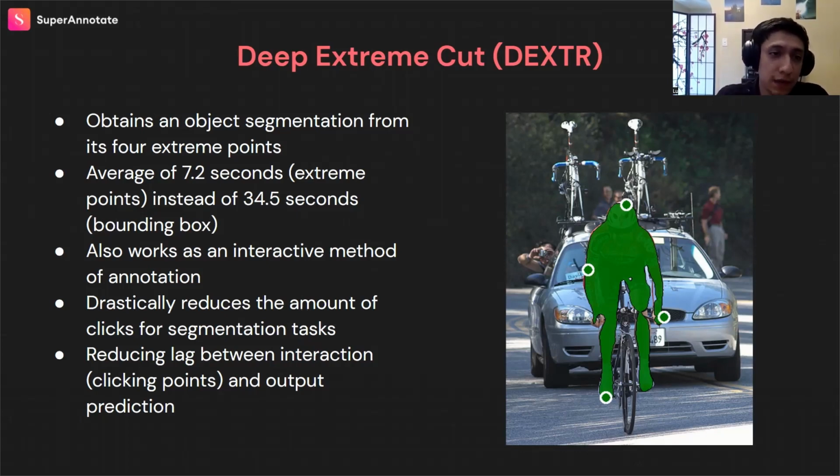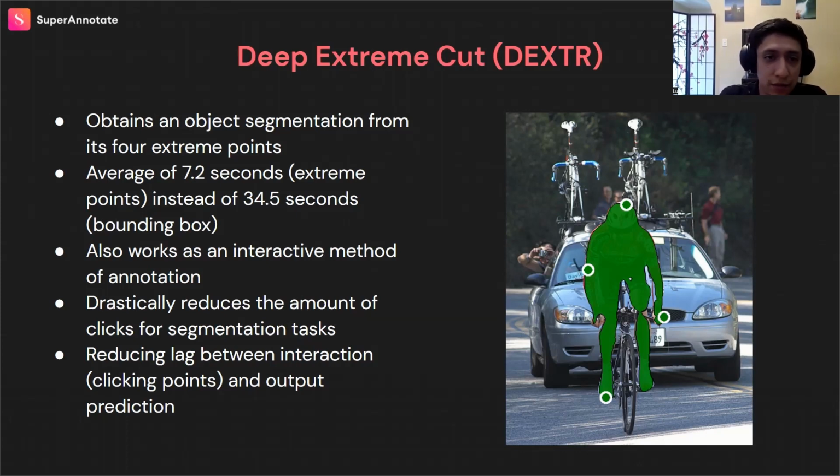The average extreme point method was actually 7.2 seconds compared to the 34.5 seconds when we were using bounding boxes to annotate. And the reason that happened was when you're drawing a bounding box, you're going around the object, but then after you set the initial bounding box, there might be some leeway in the area. So you have to readjust the bounding box a few times to get it precisely where you would want it to annotate.